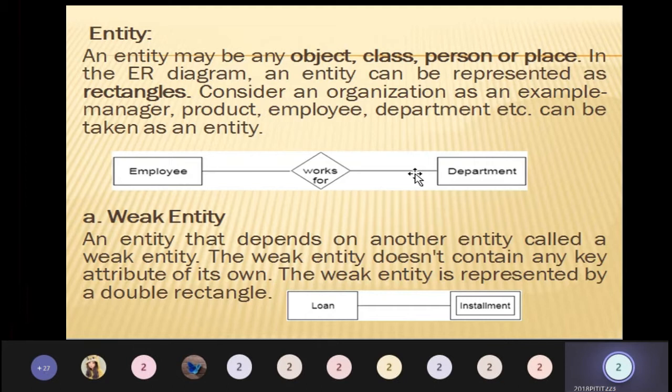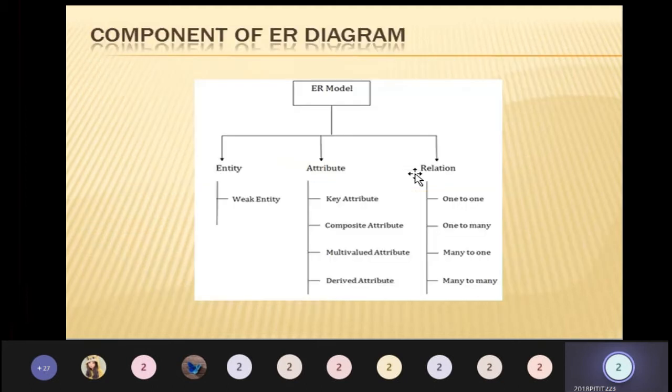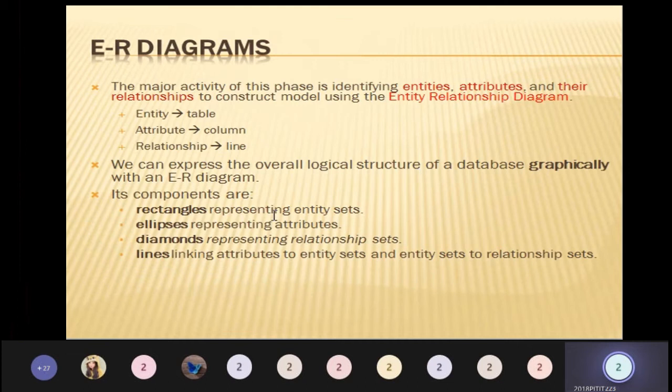Look at the previous slides. A rectangle represents the entity set. The ellipse represents the attributes. A diamond represents the relationship set, and then the lines link the attributes to the entity set and the entity set to the relationship set.